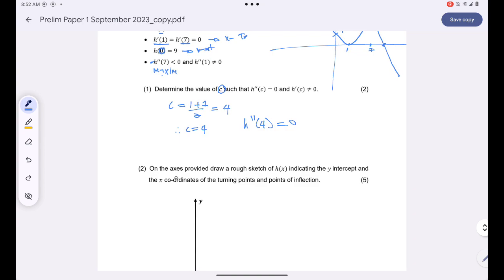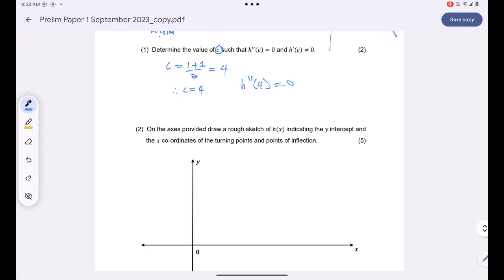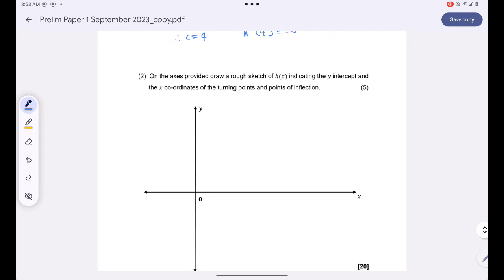On the axis provided, draw a rough sketch of h of x indicating the y-intercept and the x coordinates of the turning points and the point of inflection. Our graph, as we just said, guys, will be just like this.